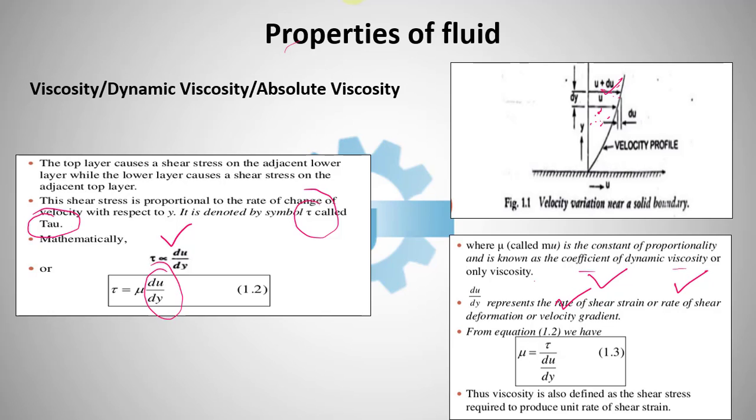So from equation 1.2 we can write mu equals tau divided by du by dy. So we can say in other words that viscosity is the shear stress required to produce unit rate of shear strain. So this is all about the viscosity or dynamic viscosity or absolute viscosity.